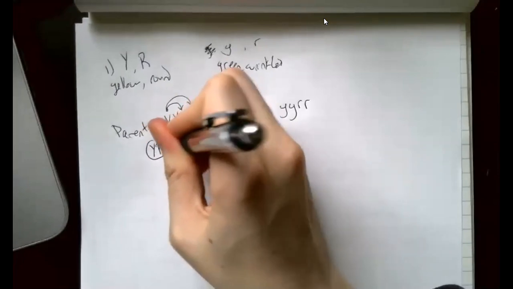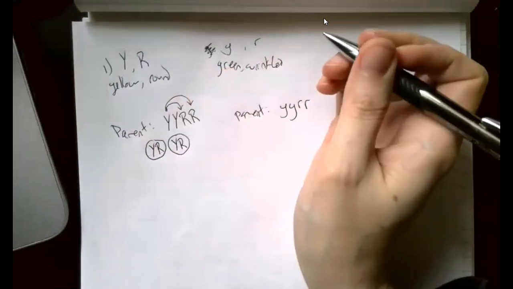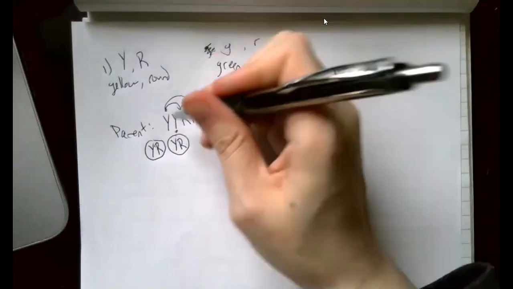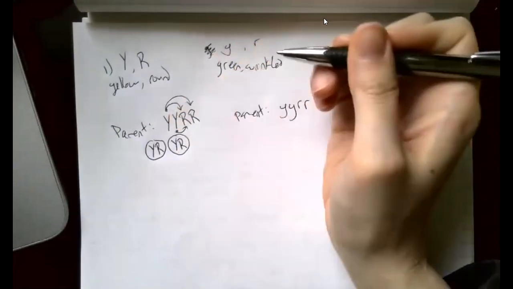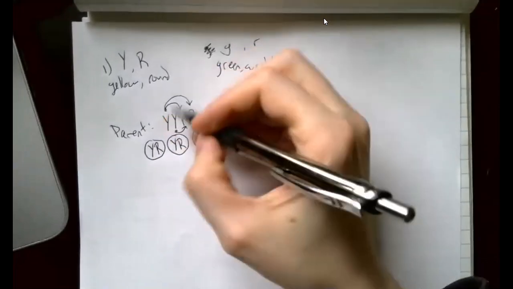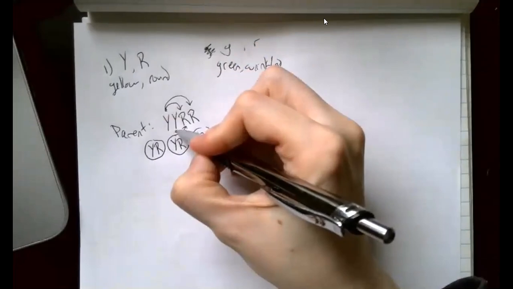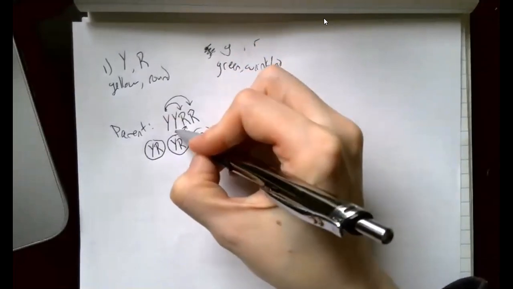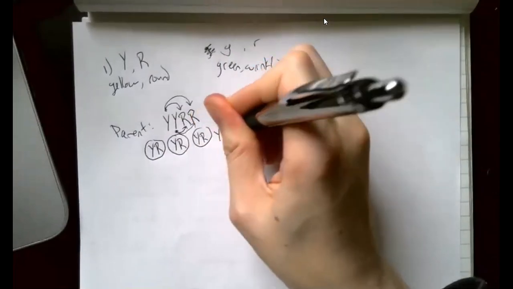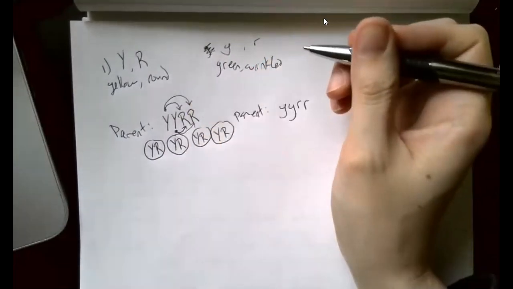In this case, it's also YR, big Y, big R. Then we go to the second letter of the first gene and bring it to the first letter of the second gene. And then we go back to the second letter of the first gene, bring it to the second letter of the second gene, and we get our 4 gametes.